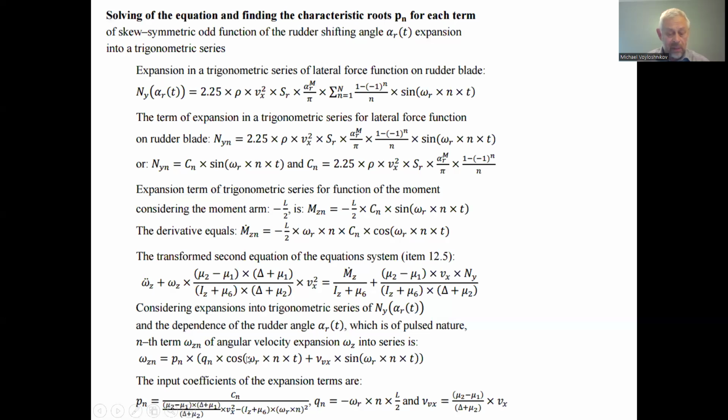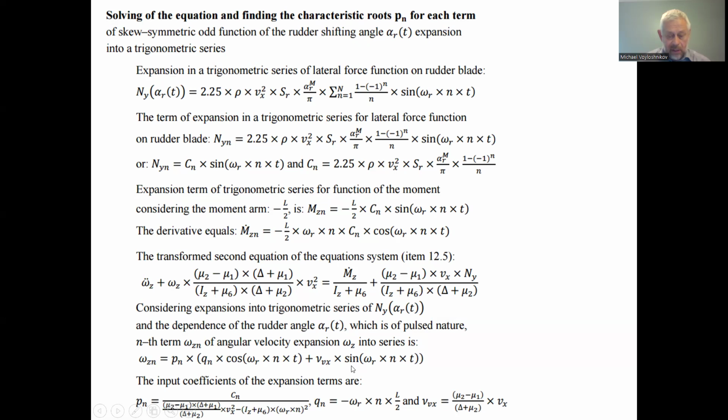It is a factor inside the formula, with the length of the ship divided by 2. This comes from the determination of the rotation moment. And the factor nu Vx is just a constant and is not dependent on the number of the expansion, and not dependent on time.